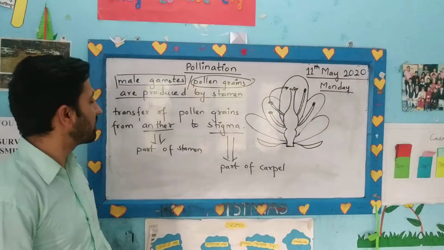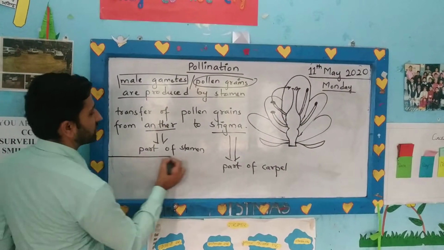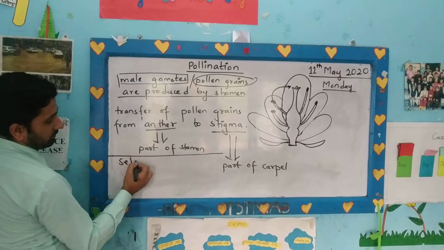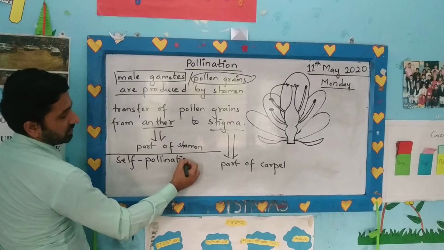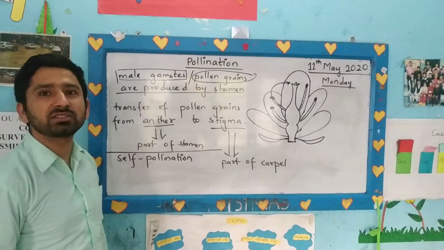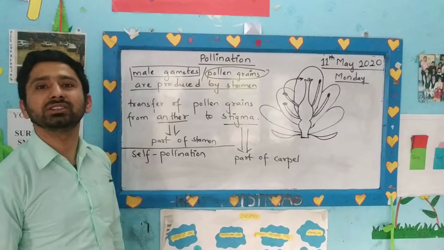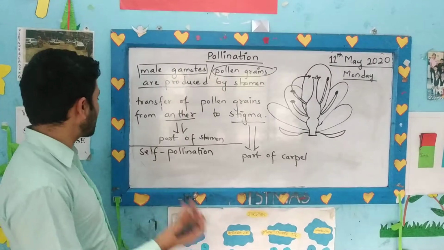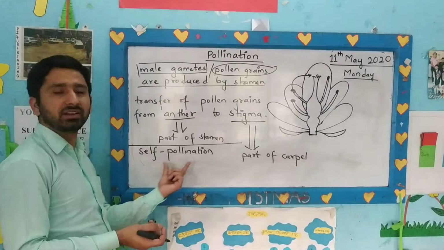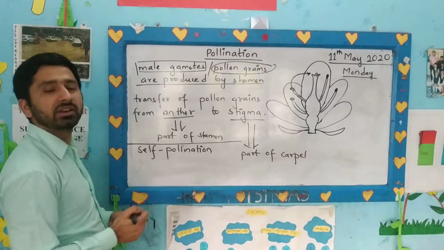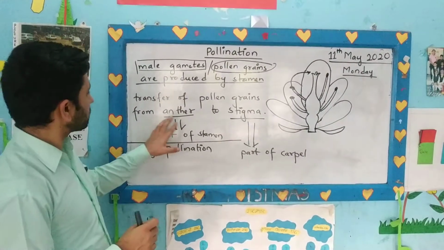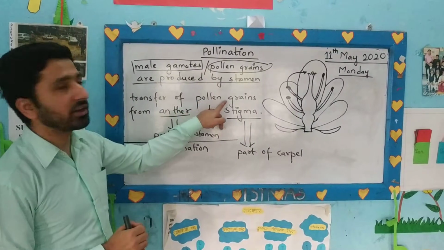that is called self-pollination. That means if the transfer of pollen grain occurs in the same flower, that type of pollination can be termed as self-pollination. If we move to another case, the anther contains pollen grain.